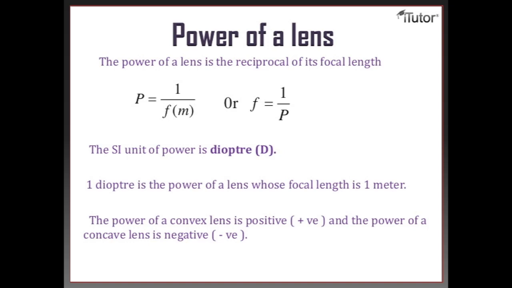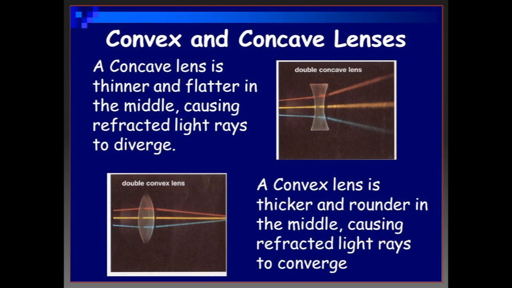The power of a convex lens is positive and the power of a concave lens is negative. By convention, the power of a convex lens is taken as positive, whereas the power of a concave lens is taken as negative. Now, let me tell you the differences between convex and concave lenses. Concave lenses are thinner and flatter in the middle, causing refracted light rays to diverge.